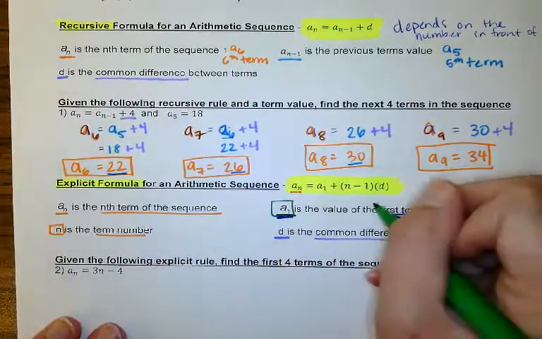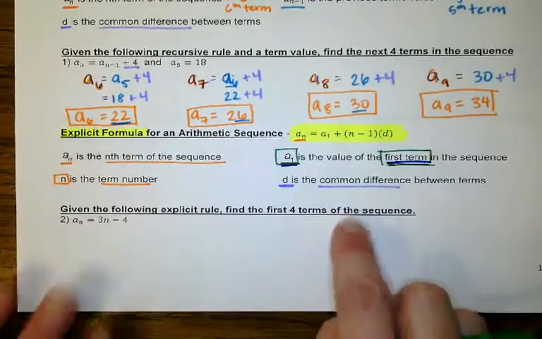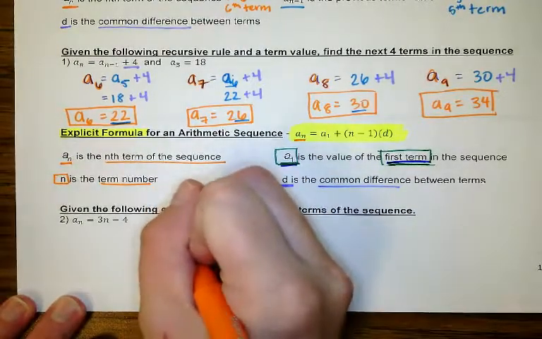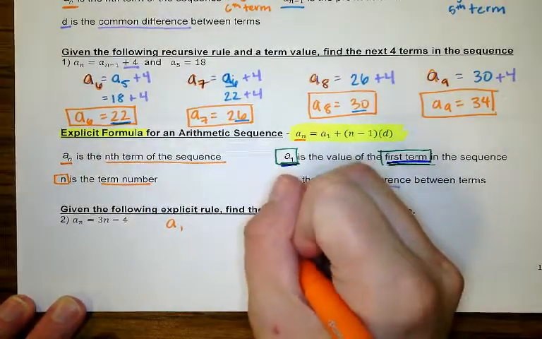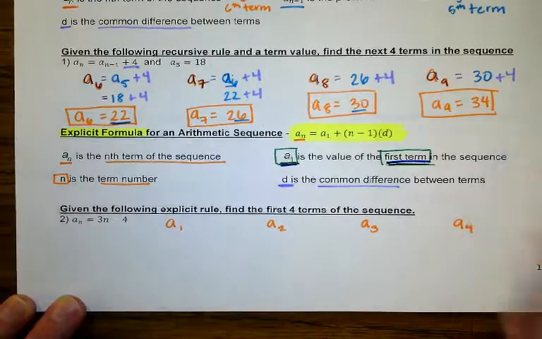All right. So given the following explicit rule, find the first 4 terms of the sequence. Well guys, if you are given a rule, then what we are doing is we are going to find a sub 1, a sub 2, a sub 3, and a sub 4. Do y'all feel good about that? We want to find those first 4 terms.